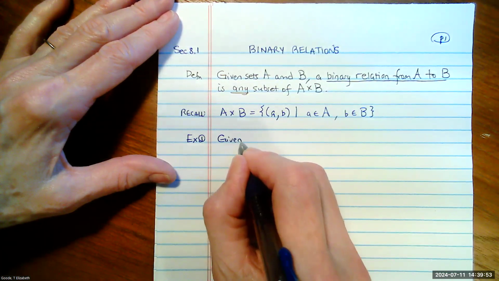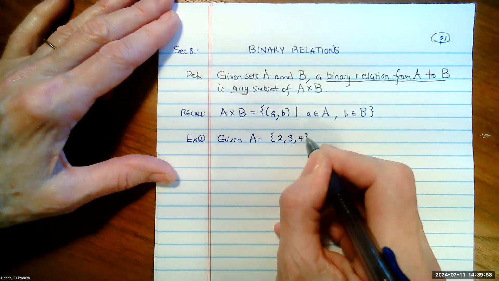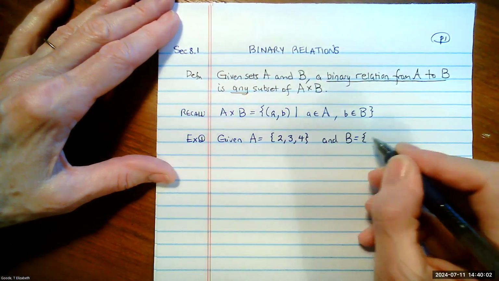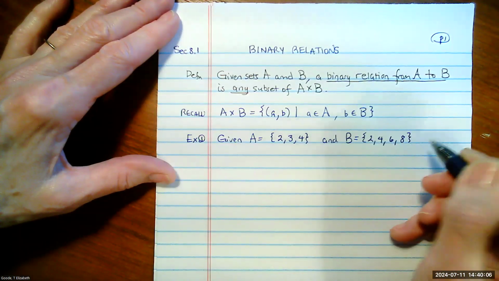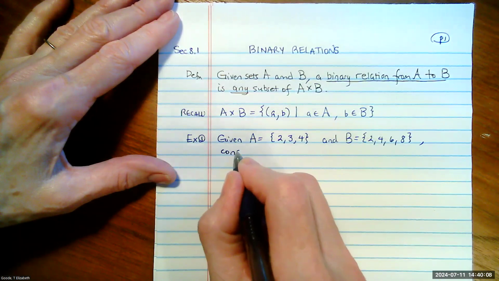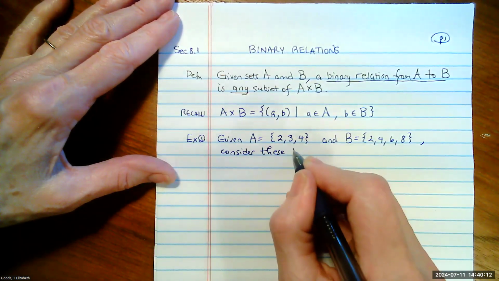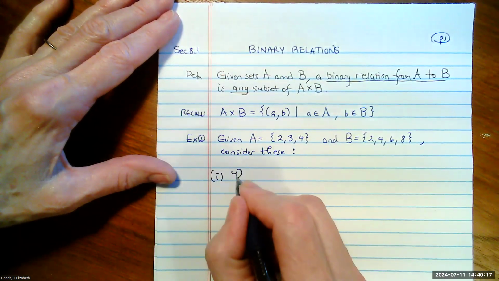Given A equals the set containing, say, 2, 3, and 4, and B being the set containing 2, 4, 6, and 8, consider these binary relations from A to B. The first, we'll call it curly R1.